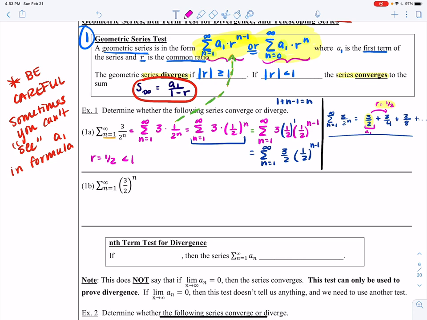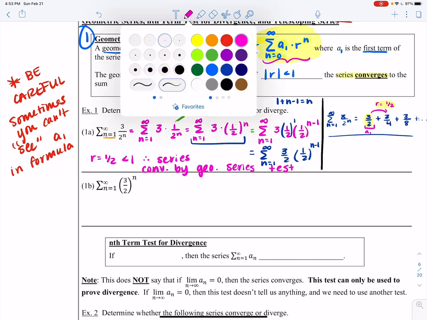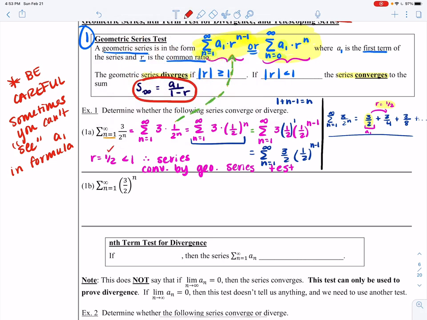According to the geometric series test up here at the top, if the common ratio is less than 1, the series converges, and here's where you're not going to like it, by the geometric series test. You have to say by what? So some things I'm looking for: the common ratio, the comparison to 1, the conclusion, by what test.